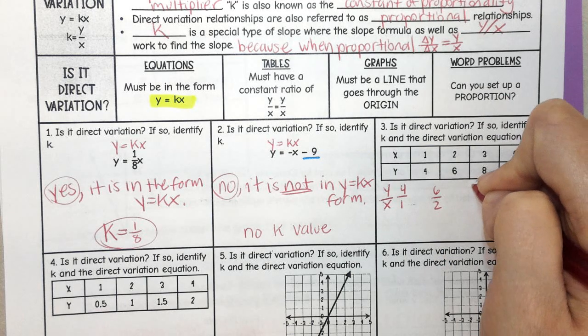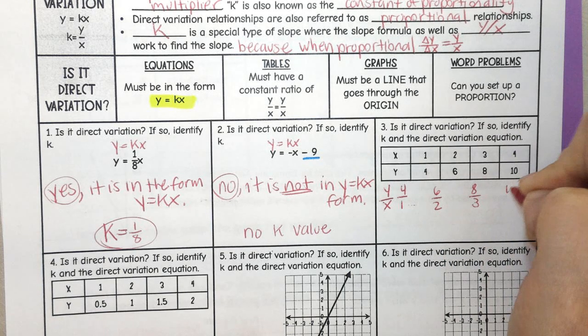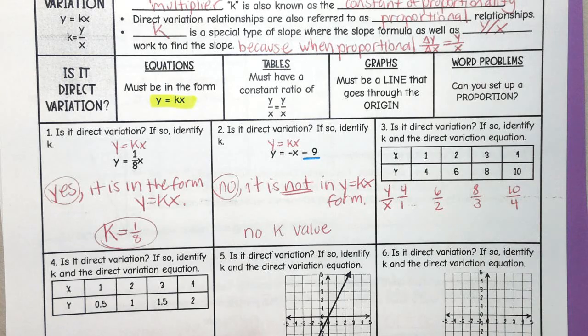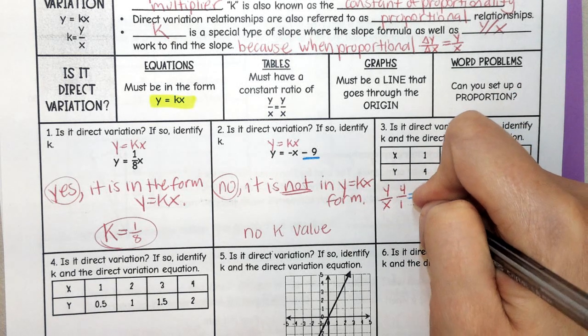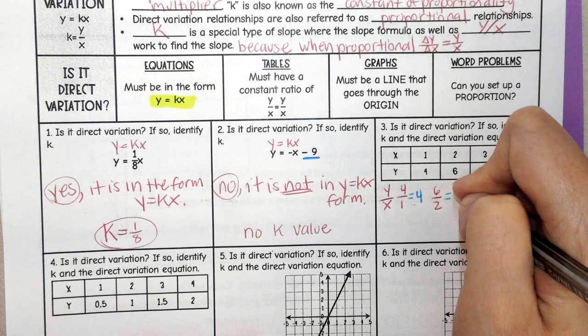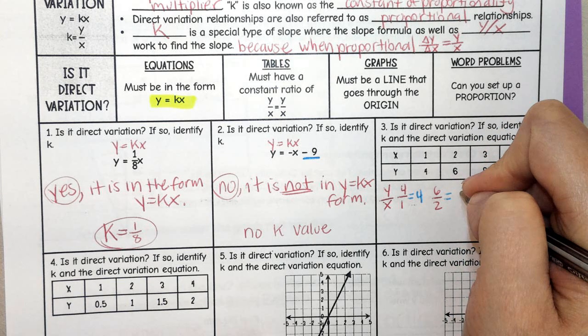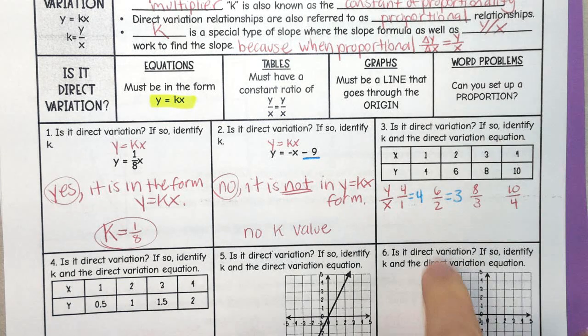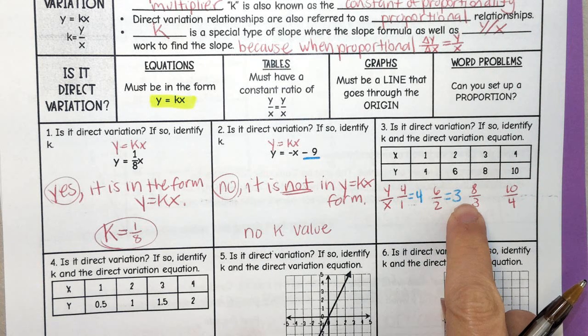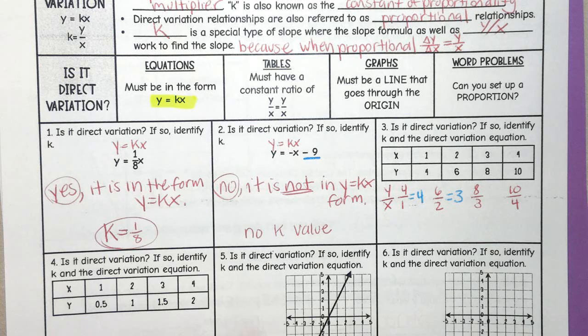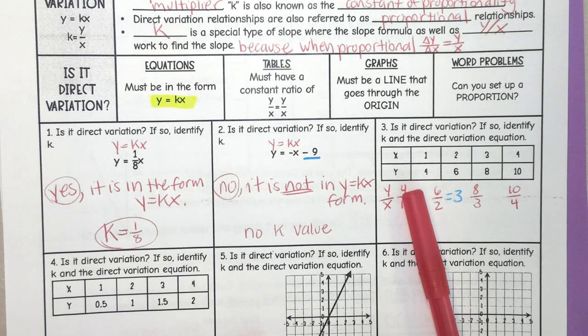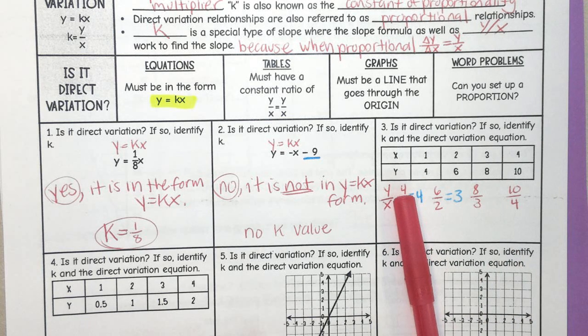Next one. Next one. Very good. So if I simplify these, 4 divided by 1 is, and 6 divided by 2 is? So are these the same so far? So do I even need to continue? No. So is this proportional? So is it a direct variation?